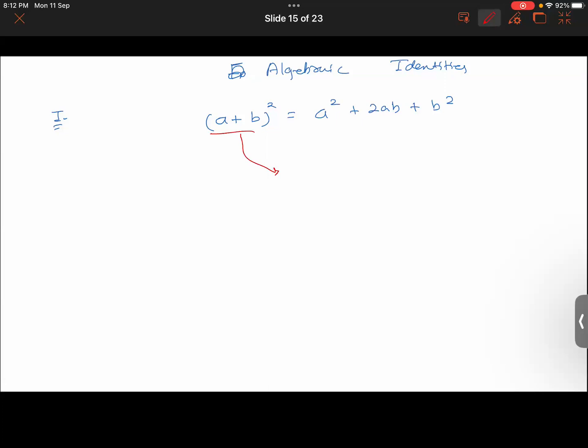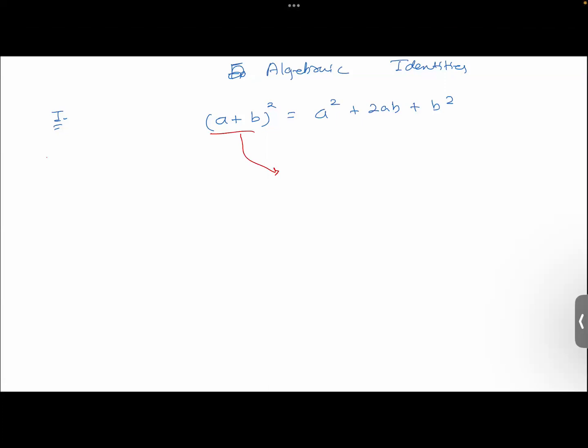So I will say that it is the same as (5 plus 3) whole square. In order to do that, it becomes 8, and 8 into 8 gives you 64. Right now, what if I were to say that I can square 5, I can square 3, then I can multiply 5 and 3.